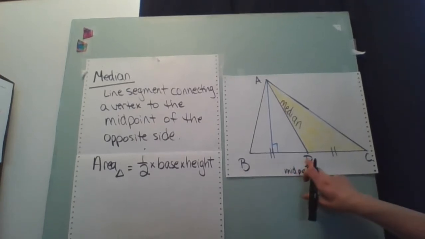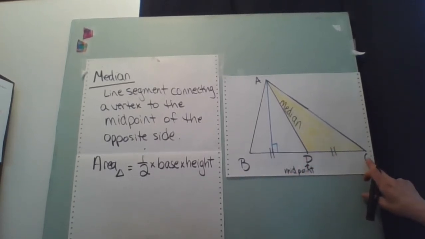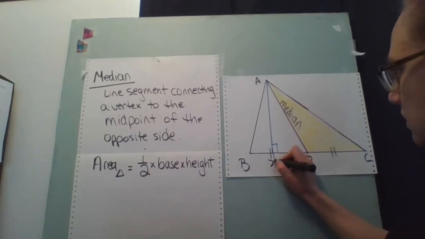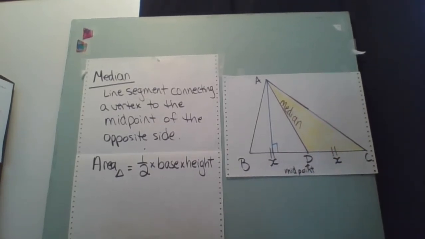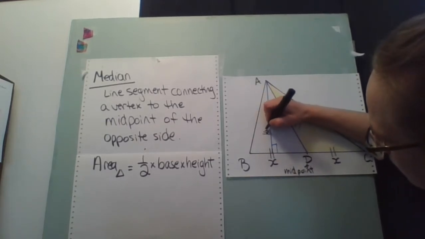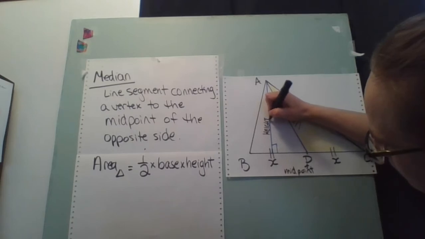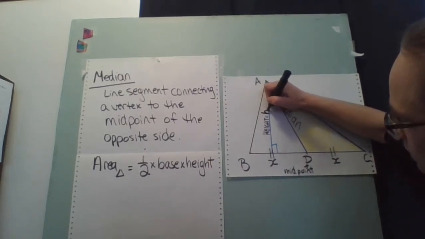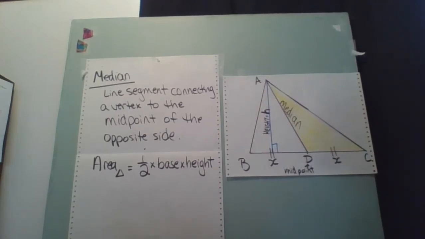So the length of BD is the same as DC. So we'll just call those guys, I don't know, X. And here's my height. So let's just call that H, because that's creative. So let's look at all these areas and see what happens.